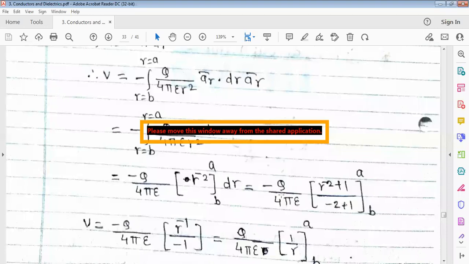So it is equal to minus q upon 4 pi epsilon 0, and the integration is r raised to minus 2, where we add plus 1 and divide by minus 2 plus 1, from a to b.